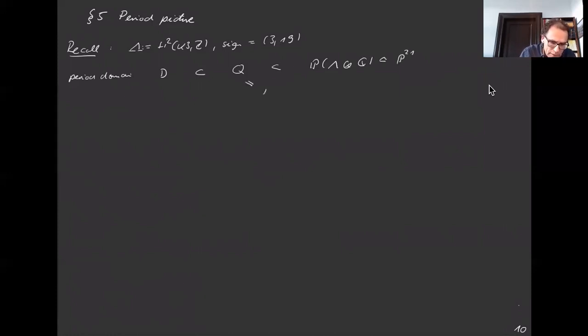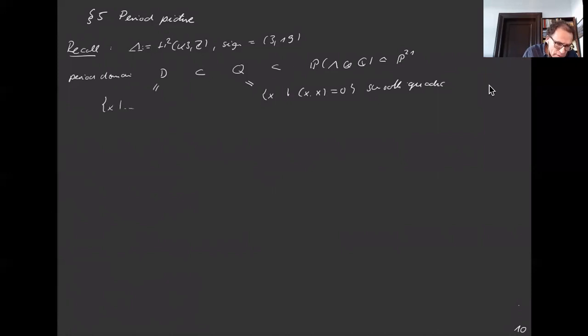This here is just the quadric defined by the intersection form. So that's a smooth quadric in this P21. The D here is an open subset of it.